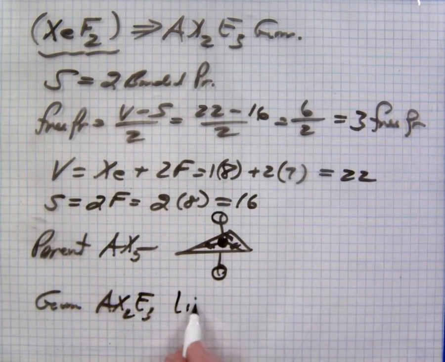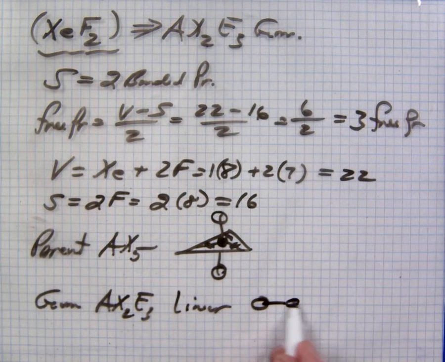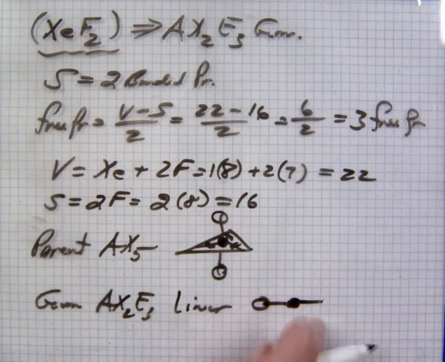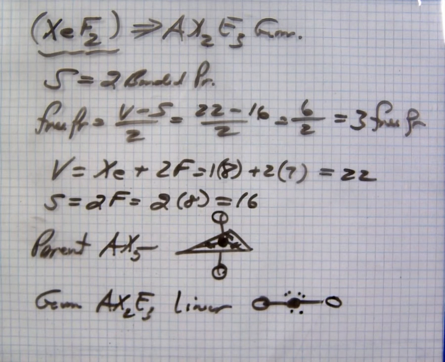AX2E3 is linear. So you have your fluoride, then you have your xenon, then your fluoride right here, and then you have 1, 2, 1, 2, 1, 2. So you have 3 non-bonded pair around the central element in the plane of the triangle, like that. So this gives you an idea of all of the possibilities for that one.